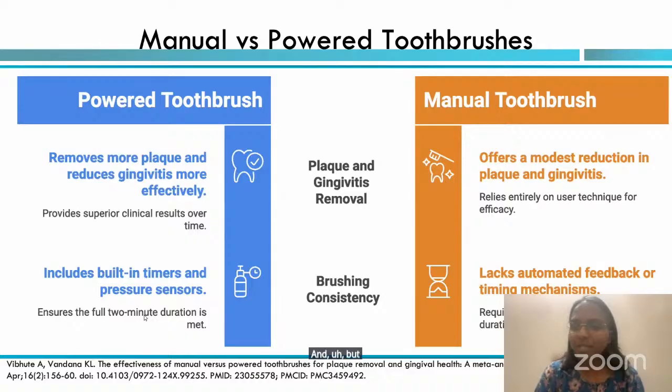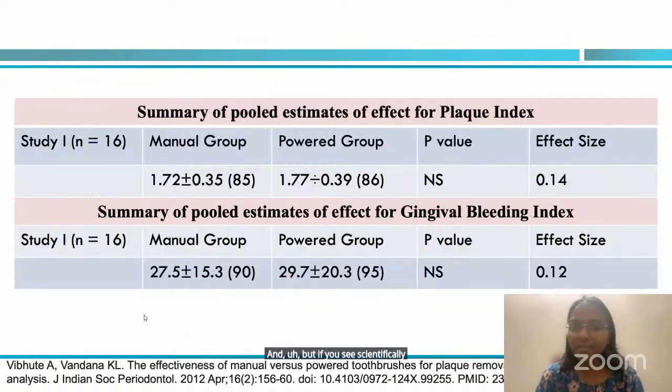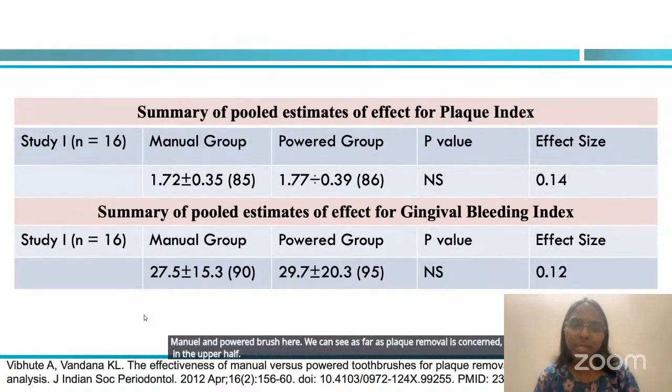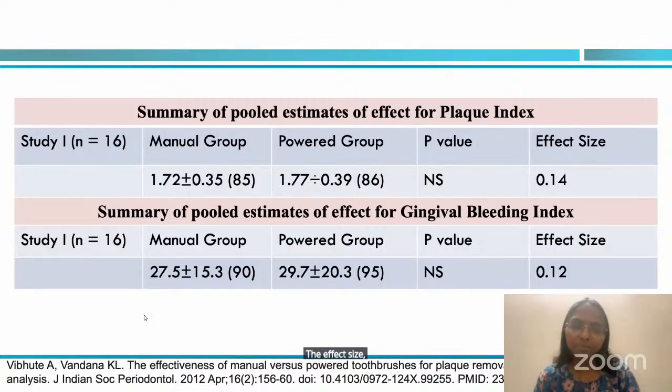But if you see scientifically, in a meta-analysis of the effectiveness of manual and powered brushes, as far as plaque removal is concerned, in the upper half the effect size and results are better for the powered group of toothbrushes, but the results are clinically non-significant.